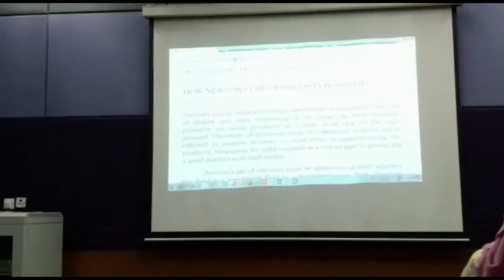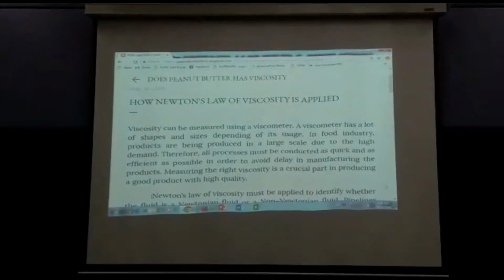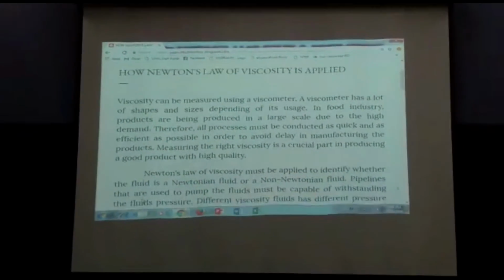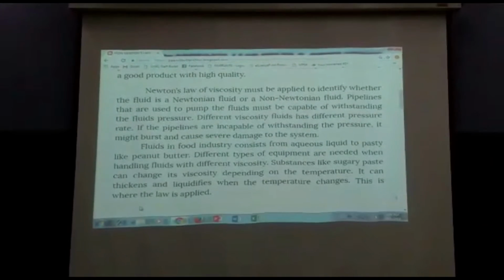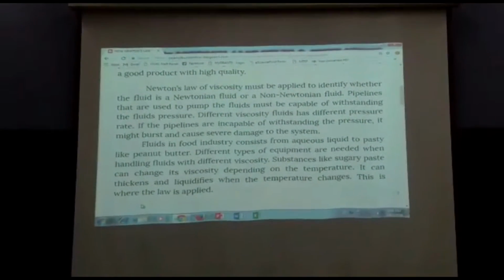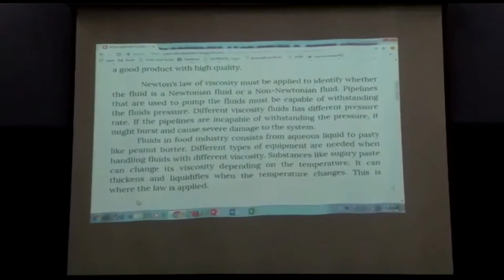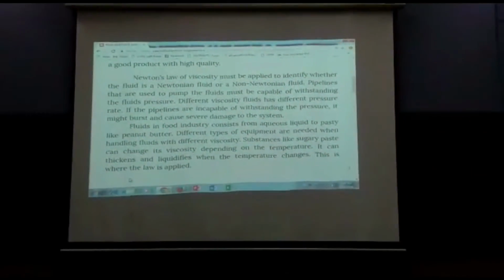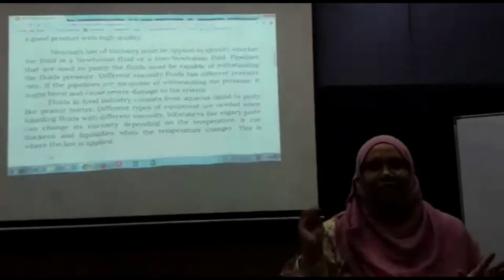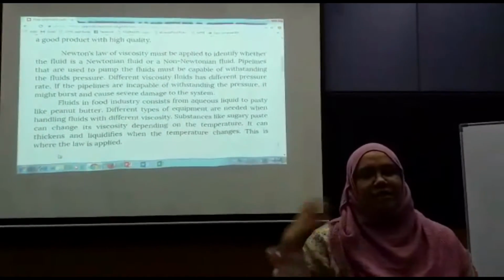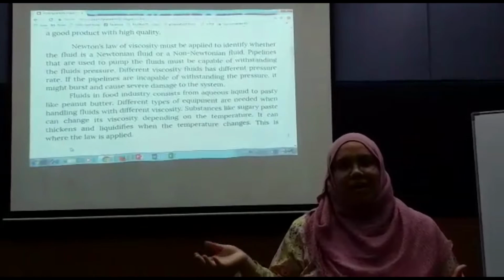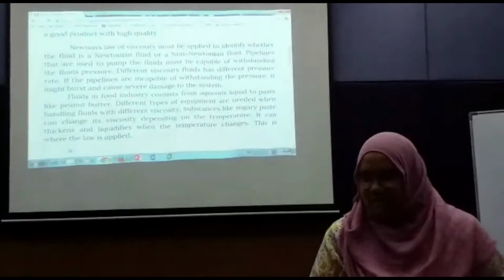Newton's law of viscosity must be applied to identify whether the fluid is a Newtonian fluid or a non-Newtonian fluid, because we need to know what type of pipelines is suitable for the fluids to flow. If we use a different type of pipeline for a different type of viscosity, the fluid might be damaged.